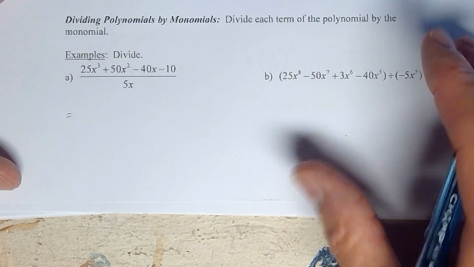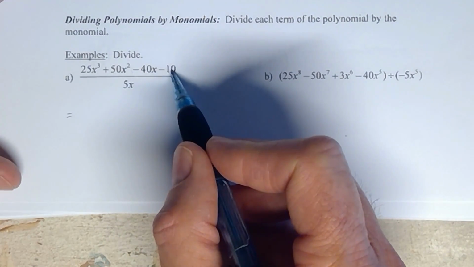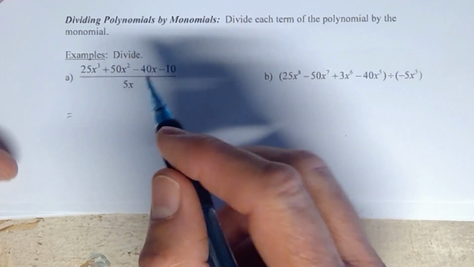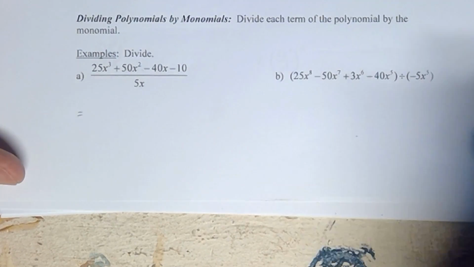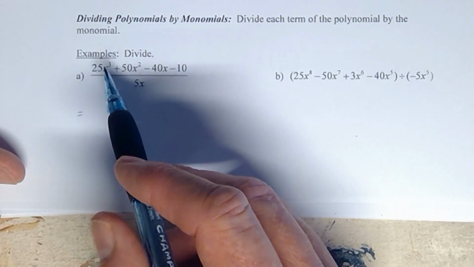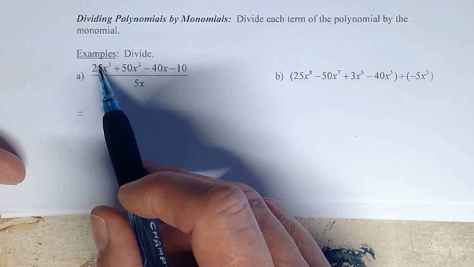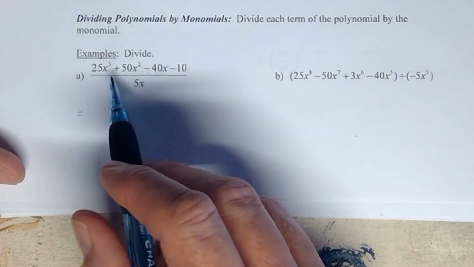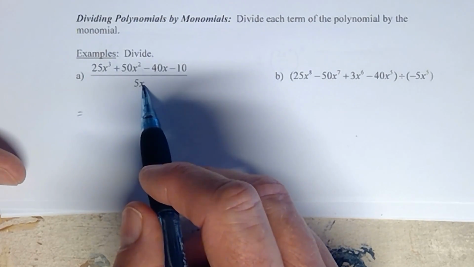Here's what you do. You're going to divide all 4 of these terms one at a time by this term. But we have to be very careful in how we do that. Let's go through it carefully here. The signs are important as well. As you may remember, dividing is very similar to multiplication when it comes to signs. If the signs are the same, it's going to be positive. Positive divided by positive is positive.